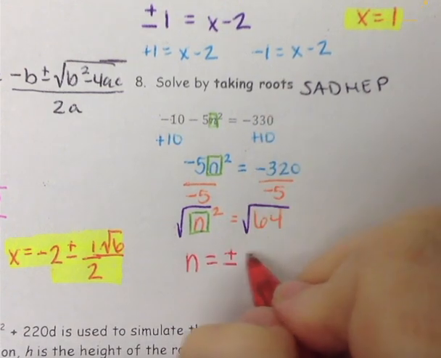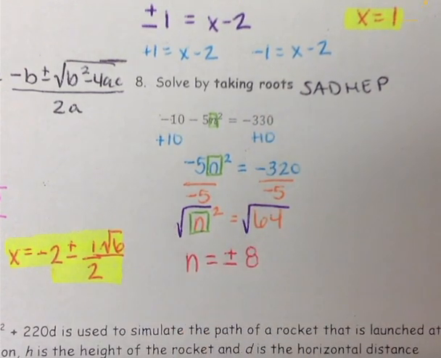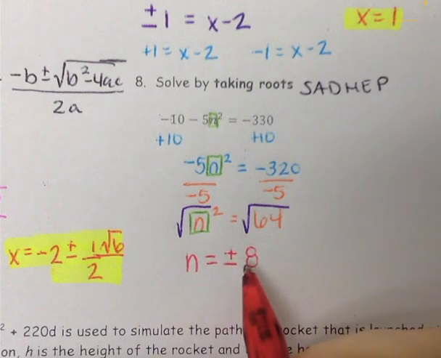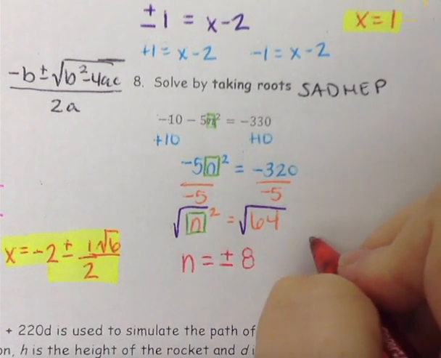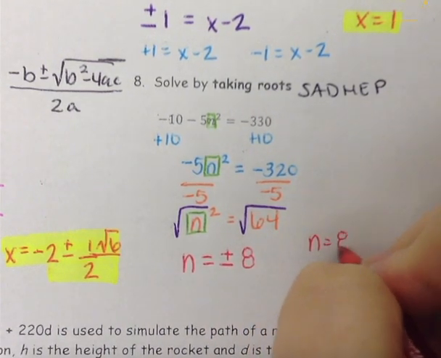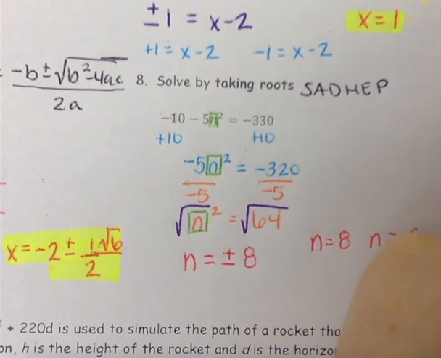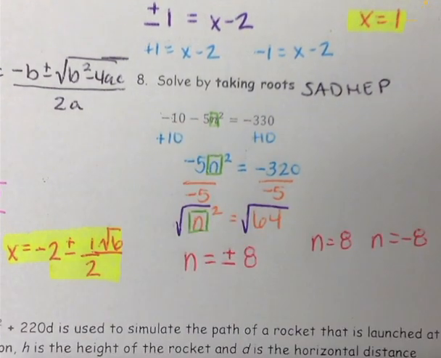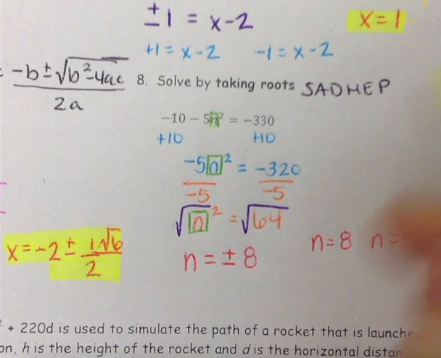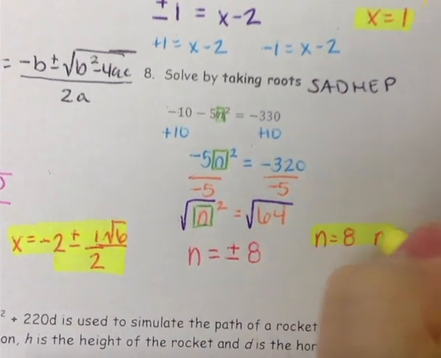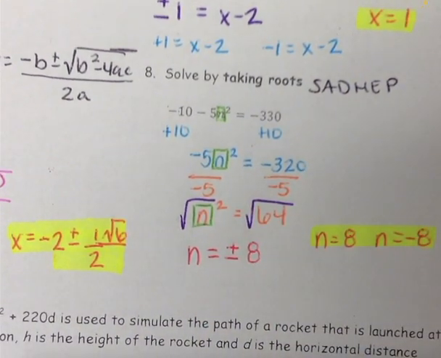The square root of 64 is 8. So our answer is n equals plus or minus 8. You can separate them as saying n is equal to a positive 8 and n is equal to a negative 8. Solving by taking roots is just a basic solving equation. So just solve for the variable as a normal equation.